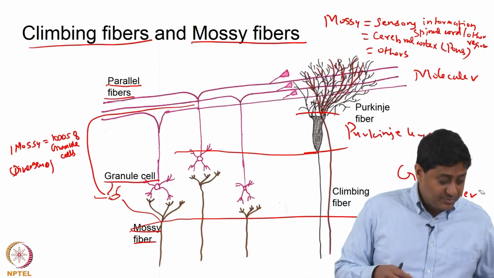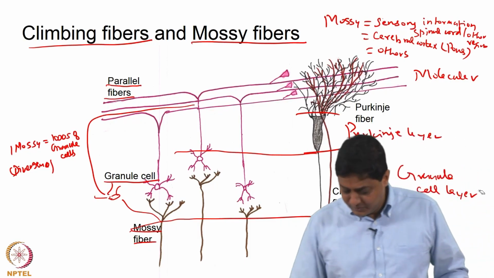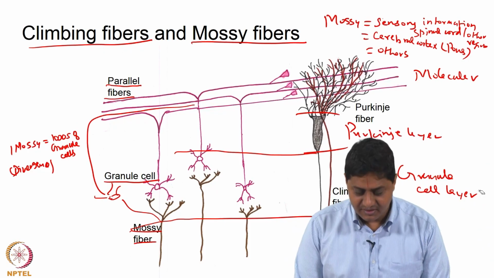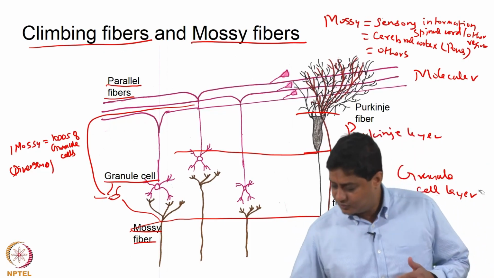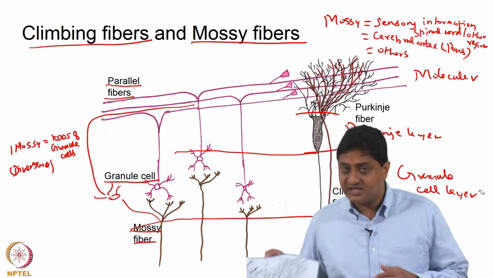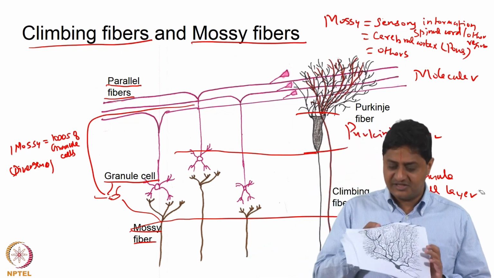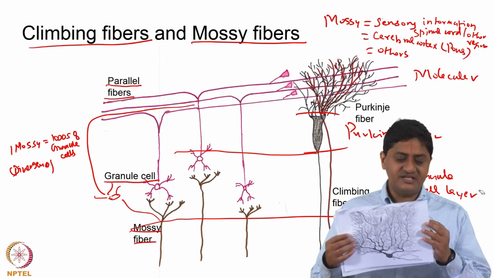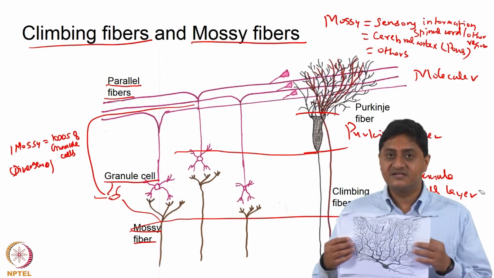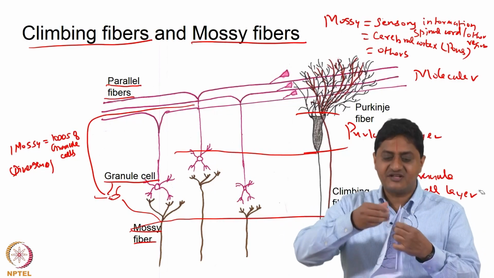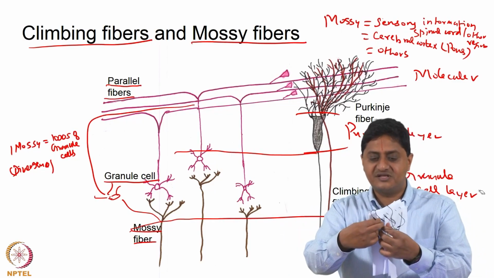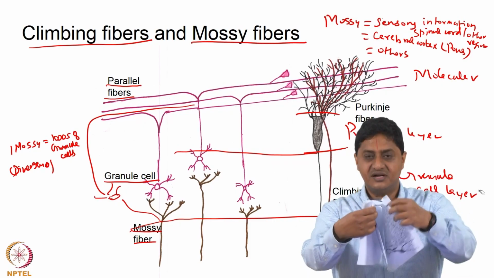But what also happens is that the parallel fibers run perpendicular to the dendritic trees of the Purkinje cells. Now, consider that each of these pages is a Purkinje cell, for example. So, here is a Purkinje cell and I have several such pages, each of them is a Purkinje cell, is it not?